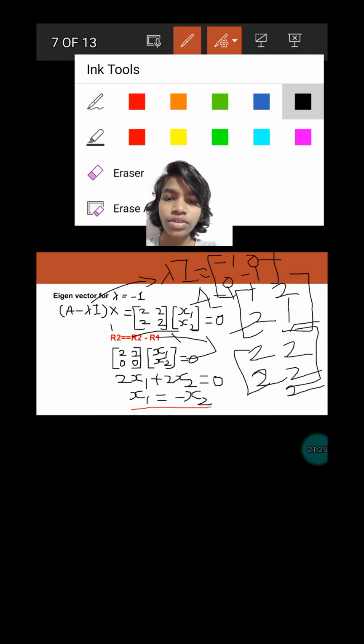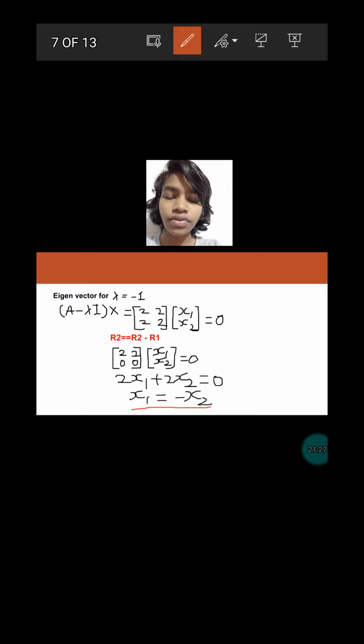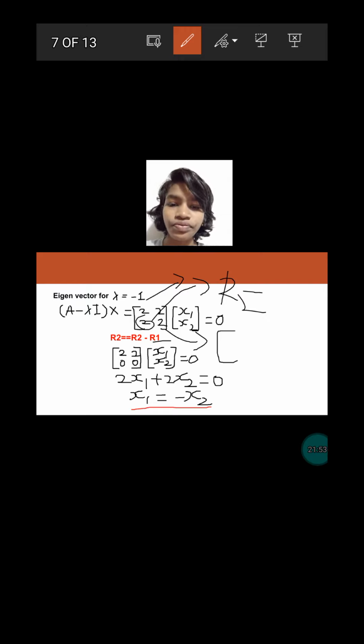Now, for finding eigenvectors, we first convert the matrix into echelon form. To convert into echelon form, the first element must be non-zero and the element below it must be 0. To make the below element 0, we use the row transformation R2 tends to R2 minus R1: 2 minus 2 equals 0, and 2 minus 2 equals 0.